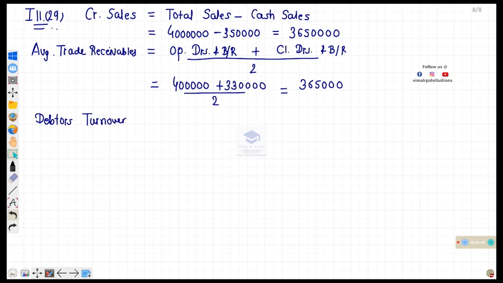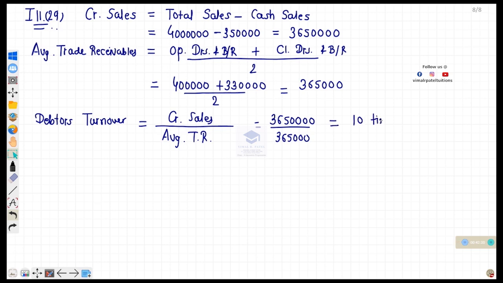Debtors turnover, credit sales upon average trade receivable. Ten times.